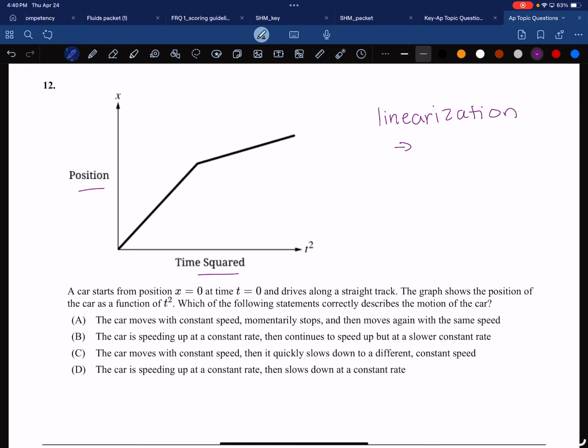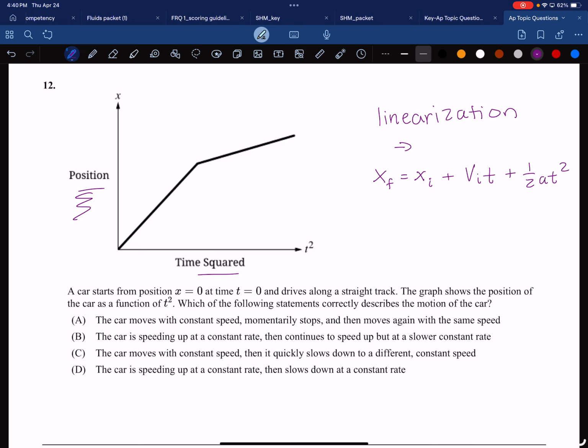So that means this has to be based off an equation that probably has position and time squared. This is unit 1, so the equations I can use are my UAM equations. And I know UAM because we have position and time. So the equation that you would use would be x final is equal to x initial plus velocity times time plus 1/2 acceleration times time squared.